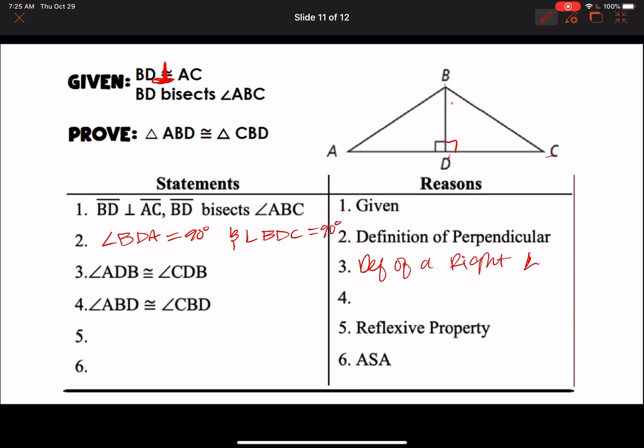Now, we've been working on this first given reason. Let's try this next one. BD is bisecting ABC, meaning it's splitting this entire angle up into two congruent parts. So I get angle ABD and CBD as congruent by the definition of an angle bisector.